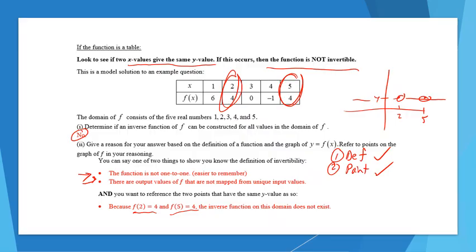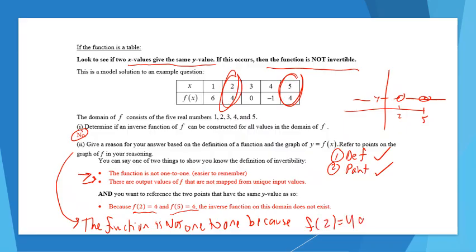So I think a perfect way to incorporate both of these is my answer would literally just be no for part 1 and then say the function is not one-to-one because f of 2 equals 4 and f of 5 equals 4, right?